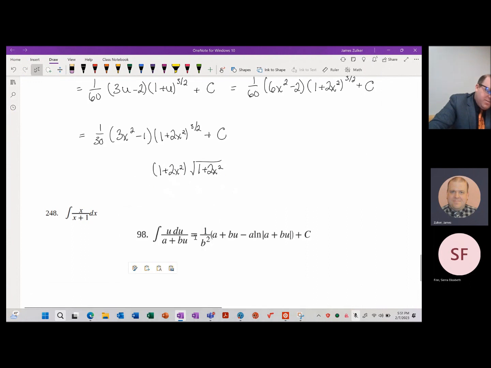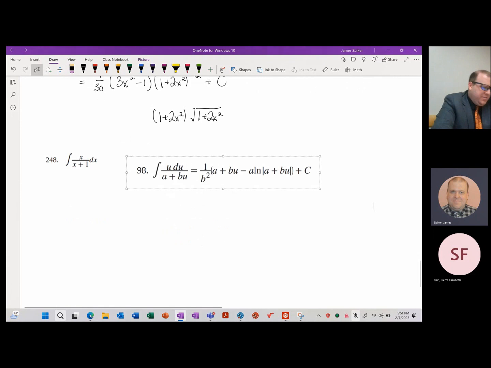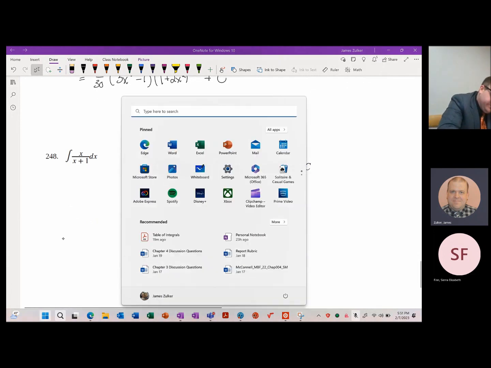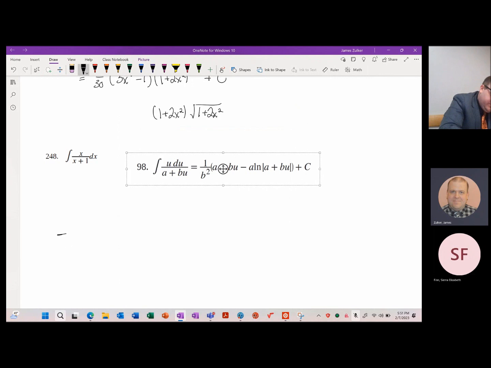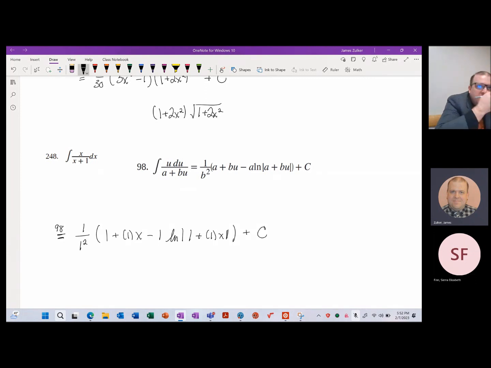Again, for reference, let's just go ahead there. That formula says it's going to be 1 over b squared times a plus b times u, which is x, minus a times log absolute value of a plus b times x, all plus c.